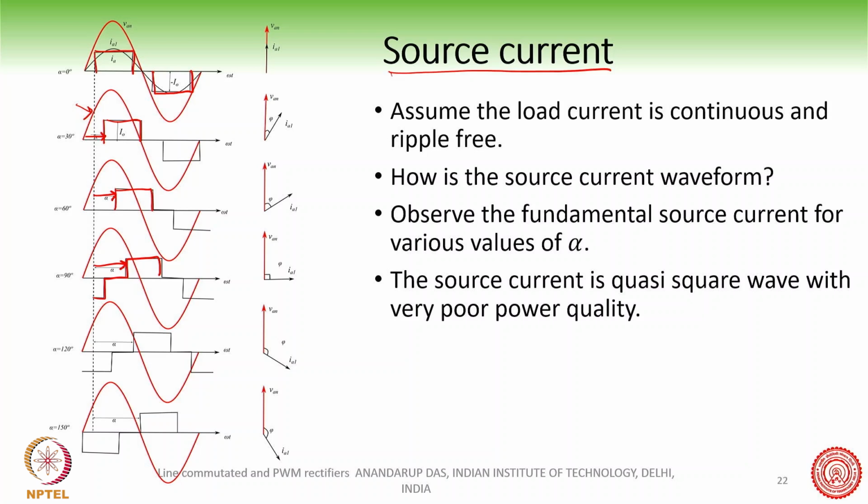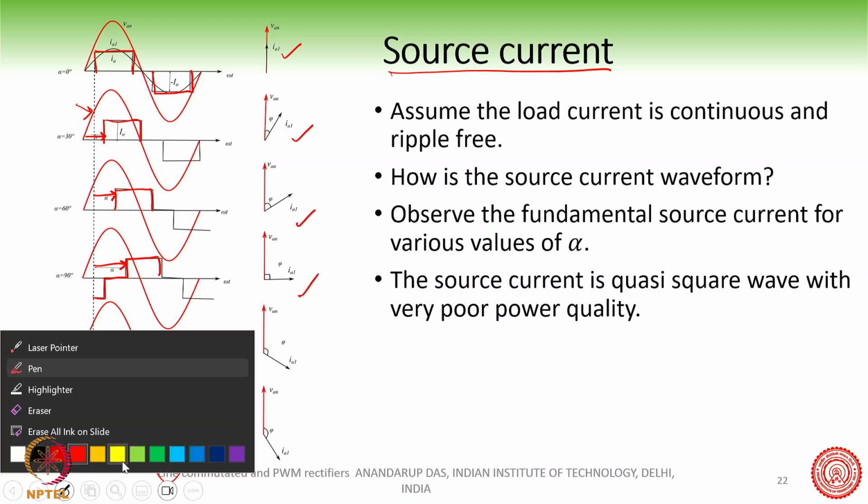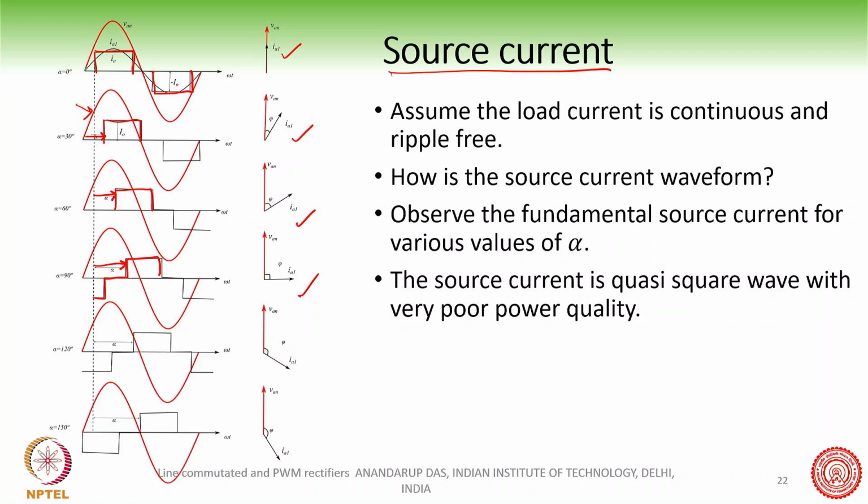What does this mean? There are two things here. Here it is shown the fundamental component of this current. Where is the fundamental component of this current? It is here.